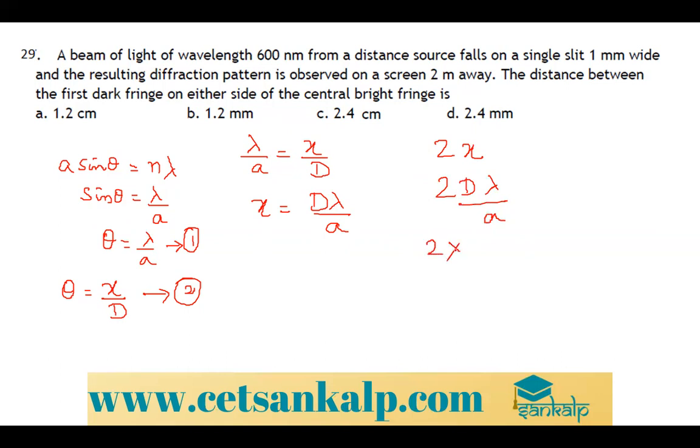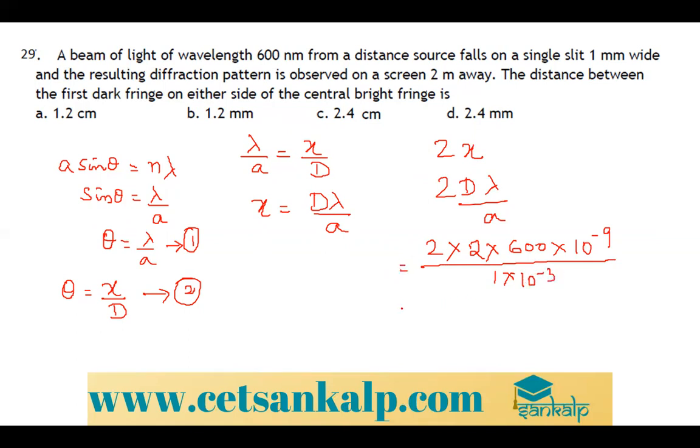So 2 into 600 into 10 to the power minus 9 whole divided by 1 into 10 to the power minus 3.